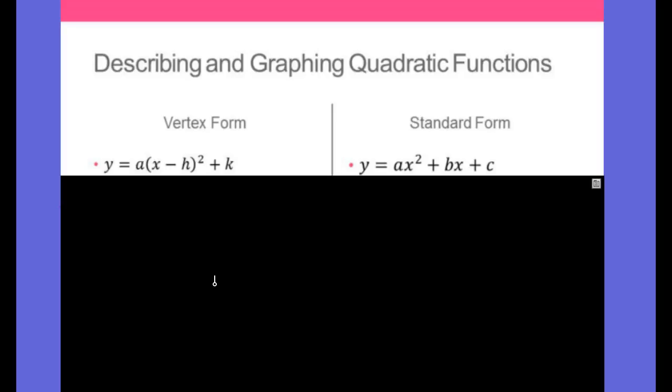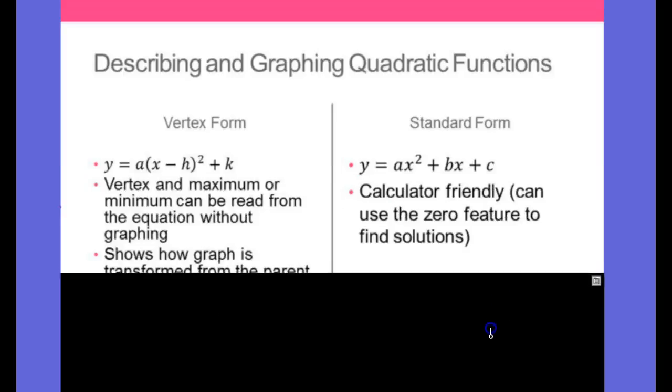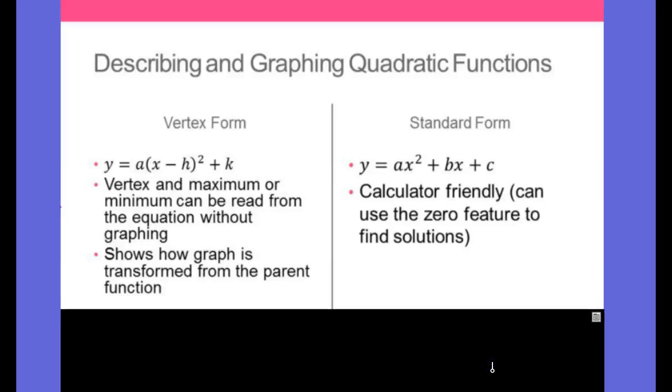Take a minute for the next one, read through it, and sort of summarize them in your own words. So when you look at these two, they're just giving you why we would use one equation versus the other. So we like vertex form for graphing. So vertex form is graphing friendly. Standard form is solving friendly.